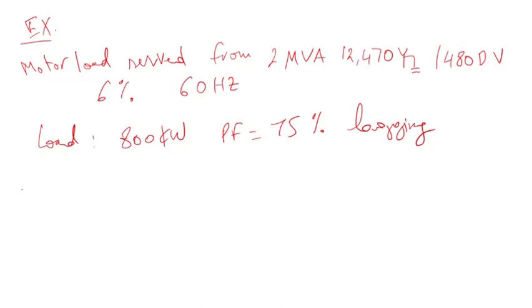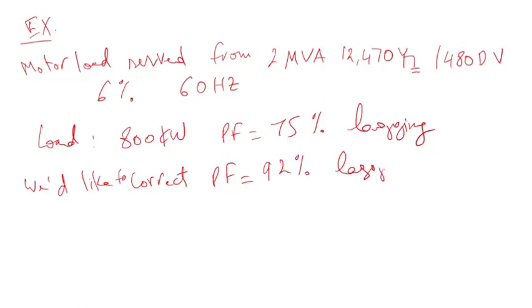So we would like to correct the power factor to 92% lagging. Also get used to power factor being given in percent instead of per unit, it's the same thing.